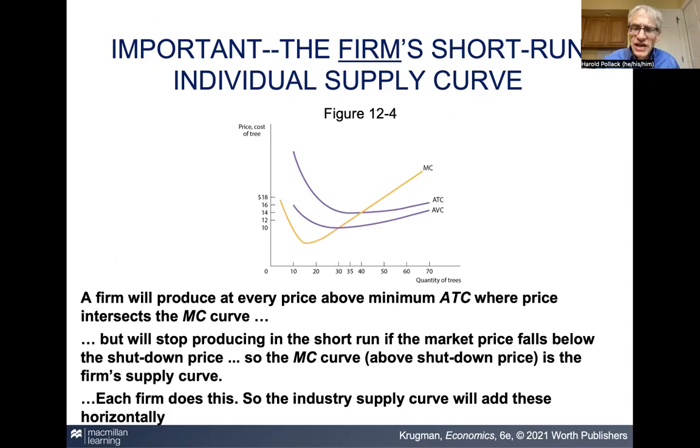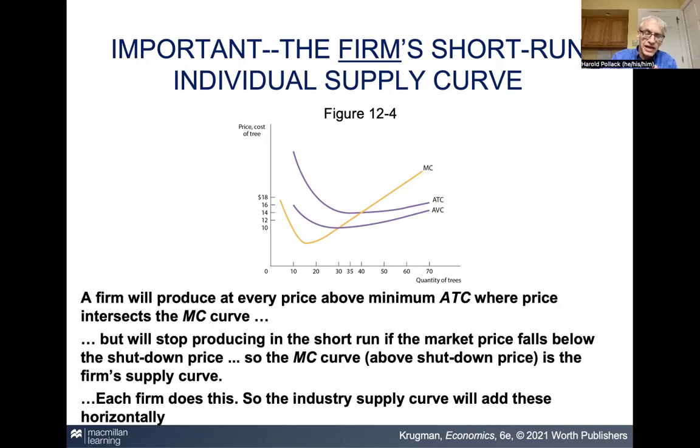And each of the firms is doing this, and that's where the industry supply curve comes from, right? Because each of the firms is saying, I'm going to find that point on the marginal cost curve that maximizes my profit given whatever the market price is.